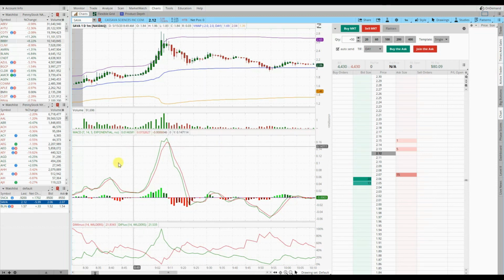All right, so we have the MACD 7-14-3, and then we have the DI minus and the DI plus. The other indicator that I want to tell you about is the VWAP. The VWAP is right here right now. We've talked about that and how to set it up. We have the 3 bands.